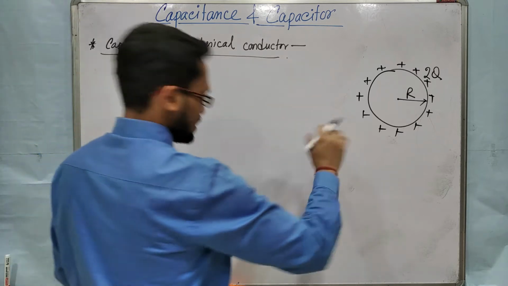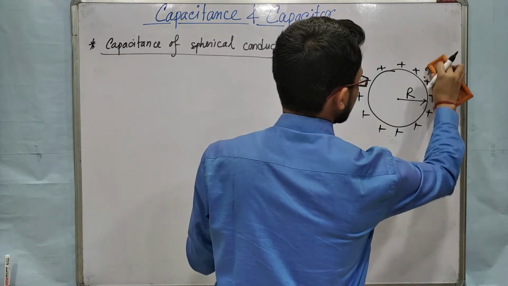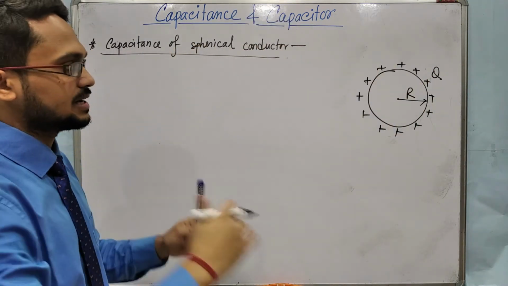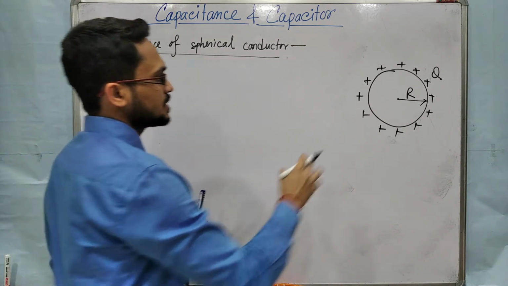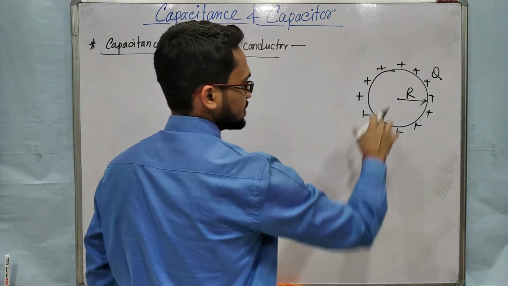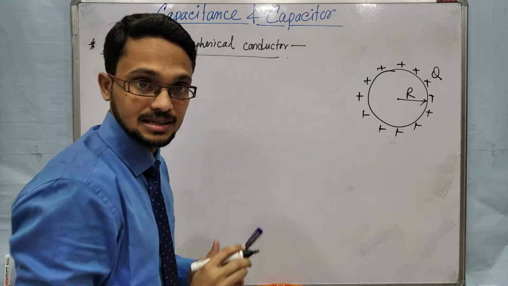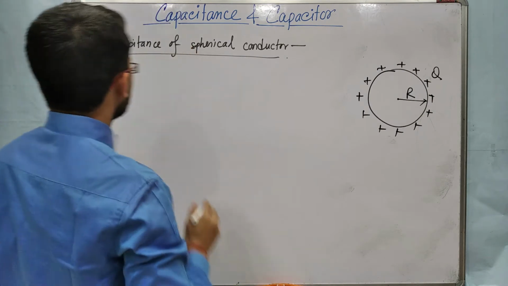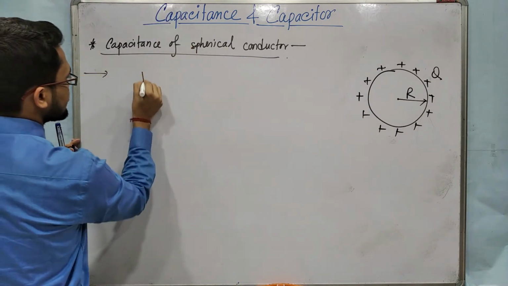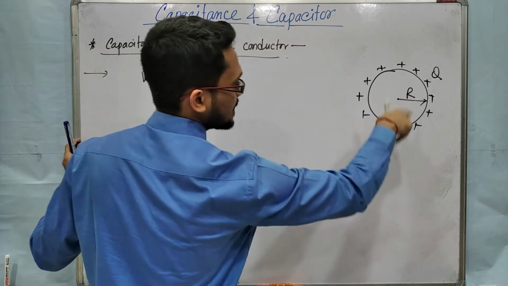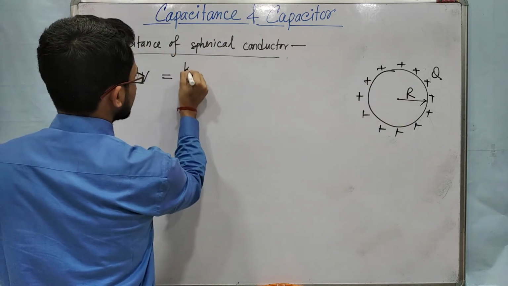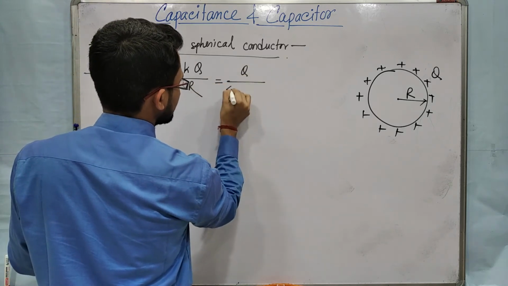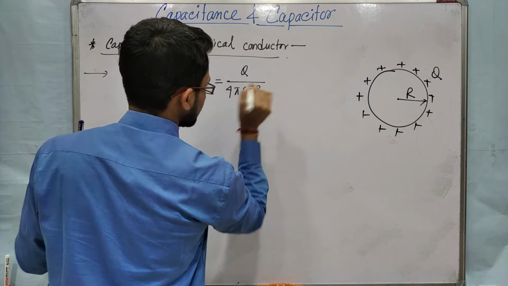Suppose I put Q amount of charge on this spherical conductor of radius r. Its potential will increase. What is the potential on its surface? V equals Q by 4 pi epsilon 0 r, or you can write KQ by r.